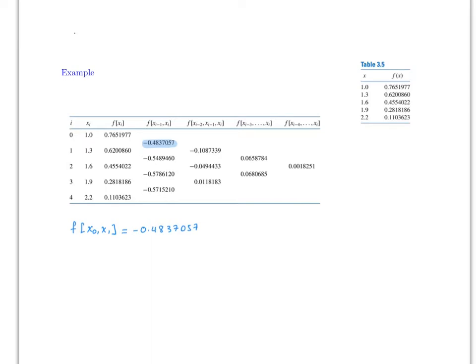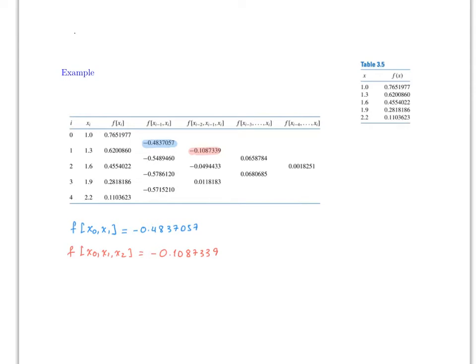And then this value is f of x0, x1, and x2, and that's equal to minus 0.1087339, and so forth.